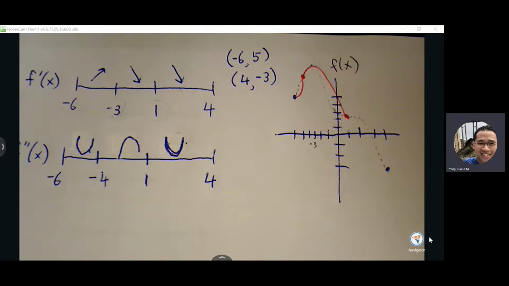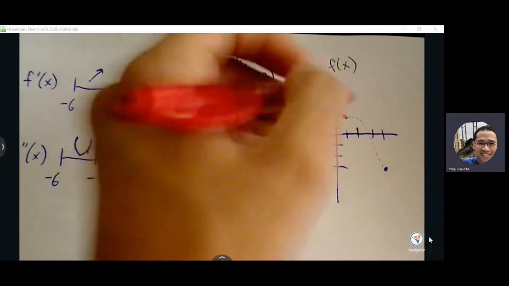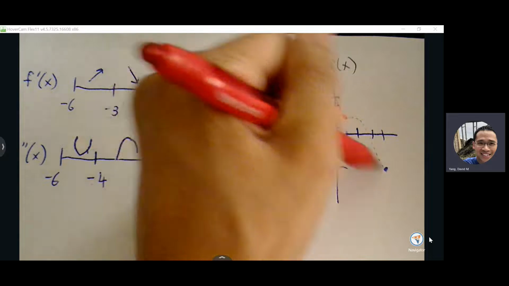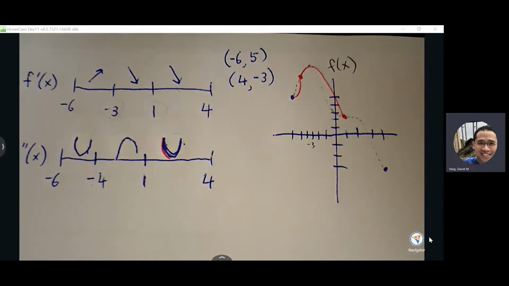This is concave up, but it's going to have to take on this curve, this shape right there. Decreasing, concave up.